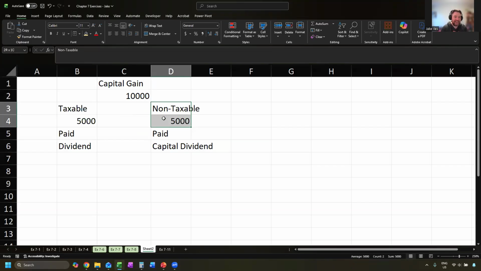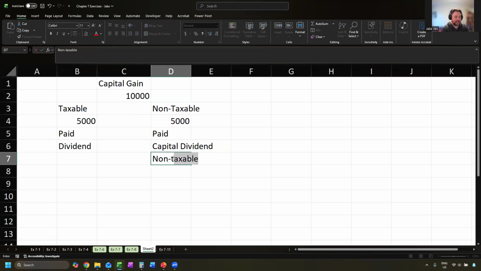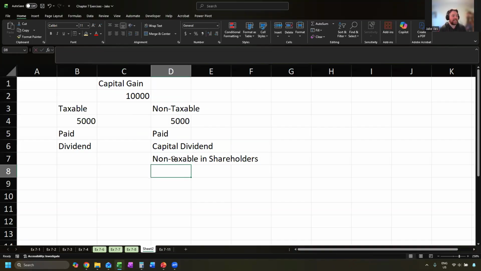So if I get paid the non-taxable portion of a capital gain, I also don't get taxed. Non-taxable in shareholders' hands. So that's the key detail about capital dividends. Capital dividends come from the non-taxable portion of a capital gain.